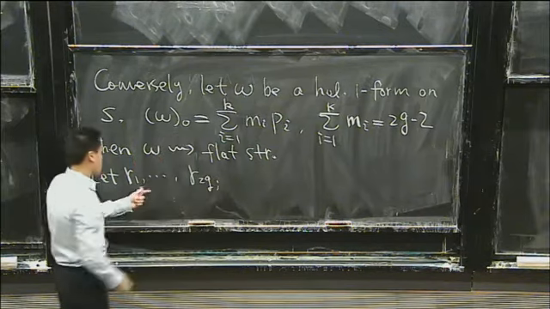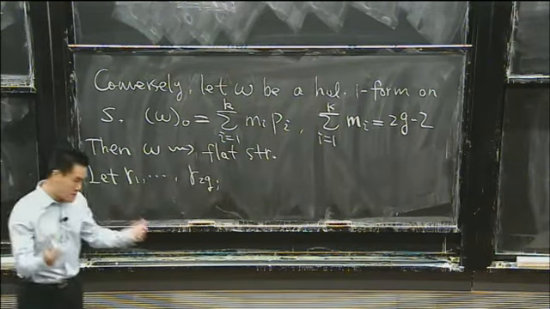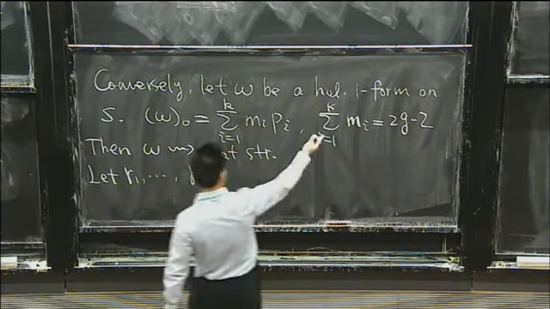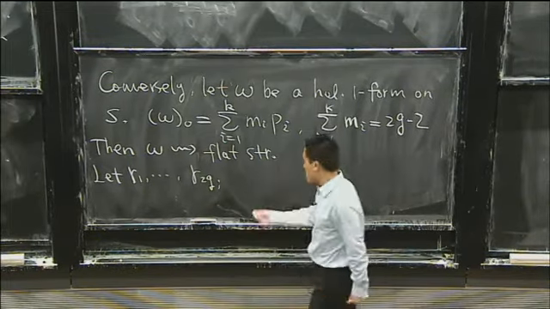Without punctures, there should be 2g basis elements for the homology H1, but there are k punctures. You have to add k minus 1 additional basis elements.